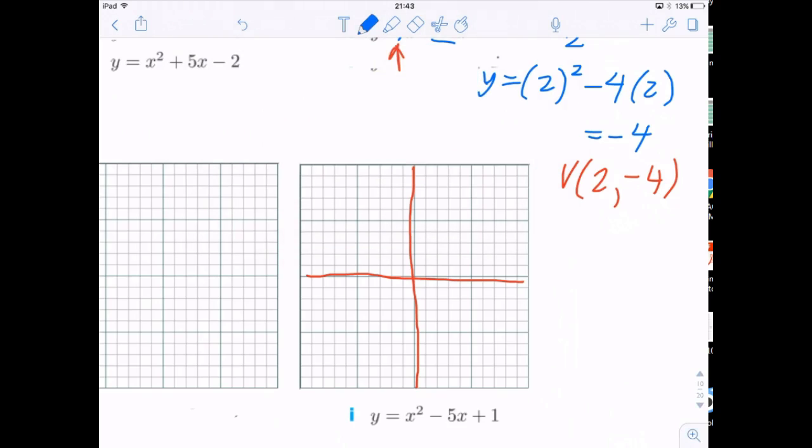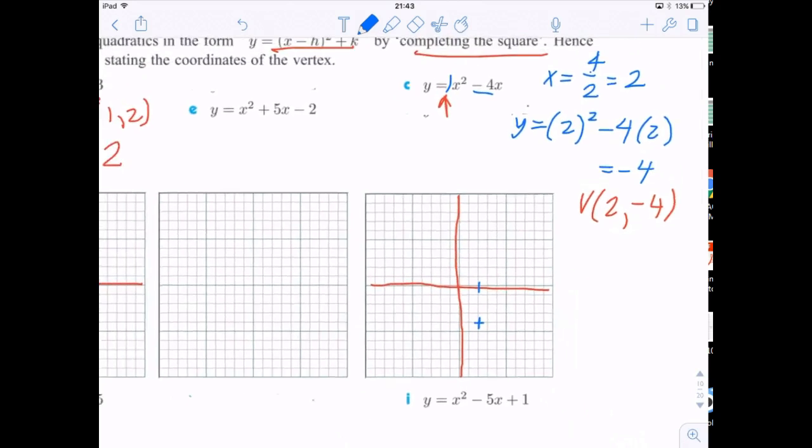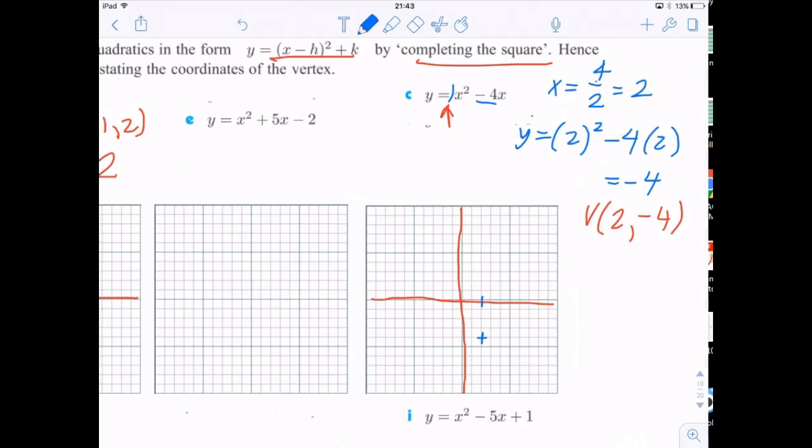Here I'm going to put the vertex at (2, -4), and then I'm going to put the next points at 1, and the next points at 4. Something like that. The one after 4, let's see, 3 squared is 9, so that would be up here. That would be the next point.